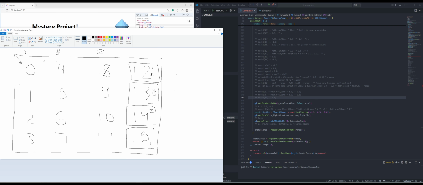I thought about a joke, but I will not joke right now. So in order to rotate around Z axis, and you will understand in a second why I'm skipping Y axis, we need to rotate around this box. So it's model 0, model 4, model 1, and model 5.